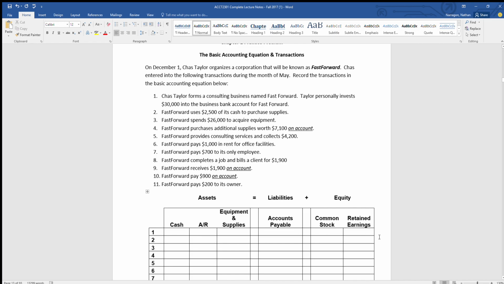Notice down here, you see cash, AR, this is accounts receivable, equipment and supplies, then we have accounts payable, common stock, and retained earnings.